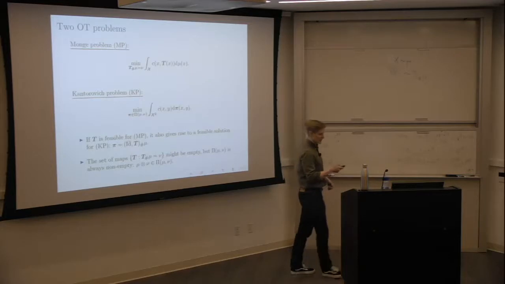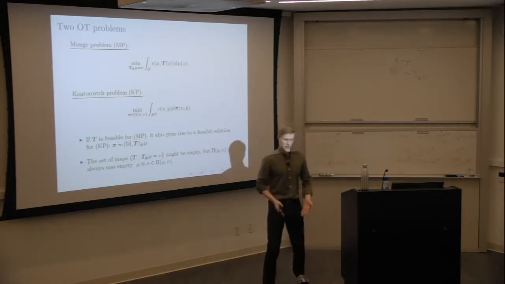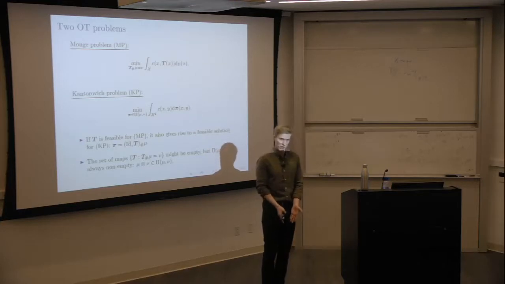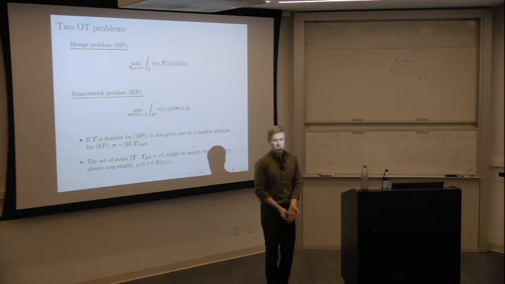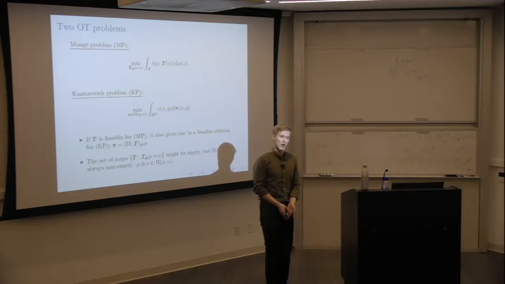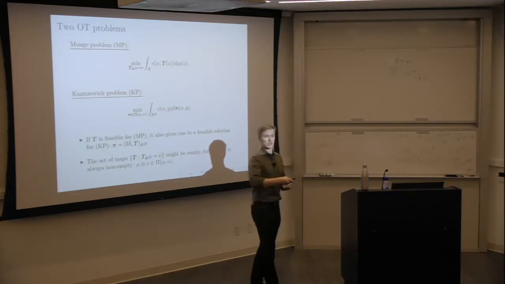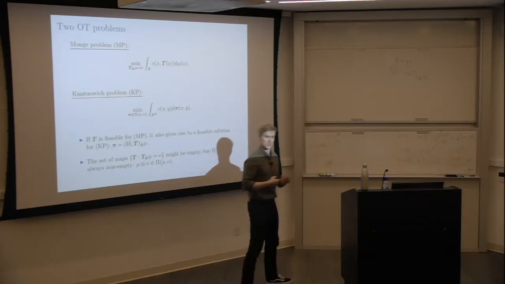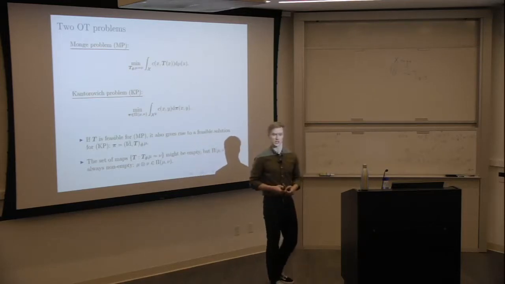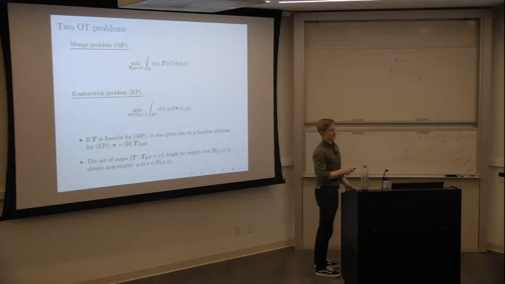On the other hand, in the Kantorovich problem, we have some more flexibility. When you're at a point x, you can decide to map a fraction of the mass at a point x to a destination y, and another fraction of the mass at a point x to a destination y prime. And this we can describe with a probability distribution that describes the fractions of mass going to each destination. So that's the difference between these two constraints here.